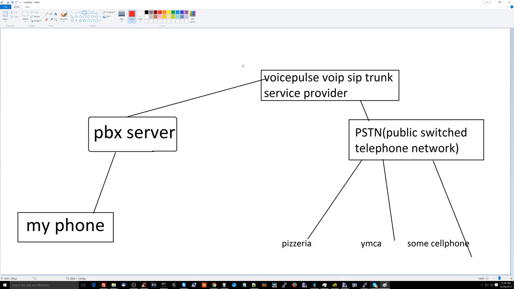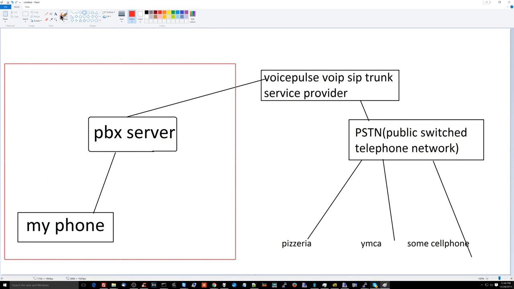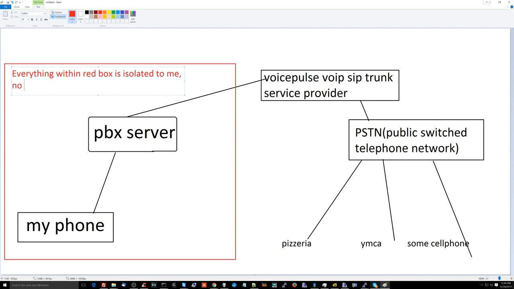Let's just make a red line. When everything within red is within my local business, I know how many phones I have. Everything within the red box is isolated to me. No one else knows how many phones I have.